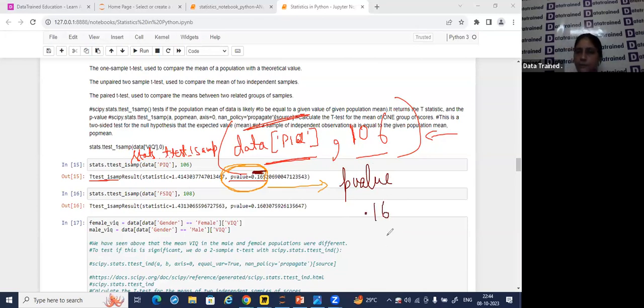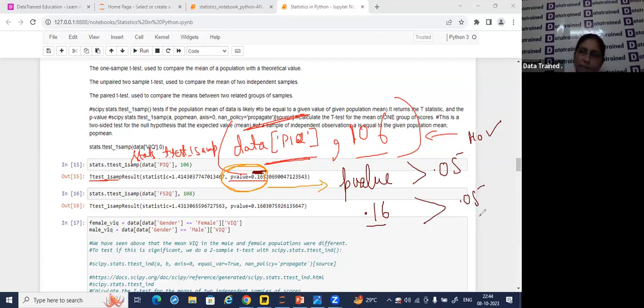I told you that when the p-value is greater than 0.05, the null hypothesis is accepted. Right now the p-value I'm getting is 0.16, which is greater than 0.05.